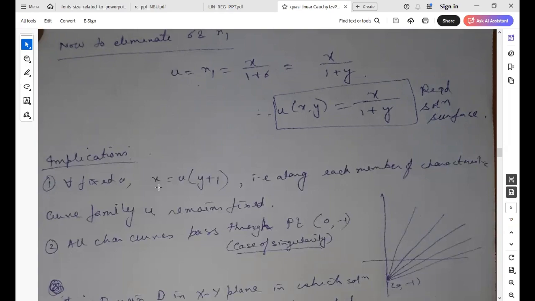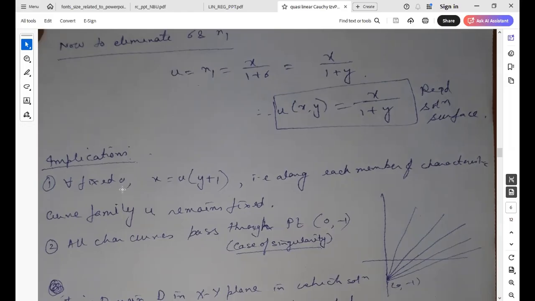For every fixed u, what are the implications we are getting from here?